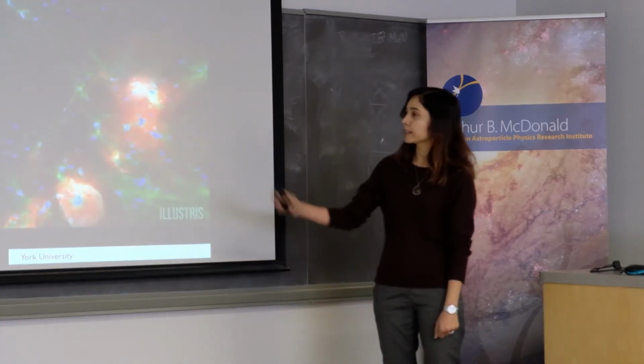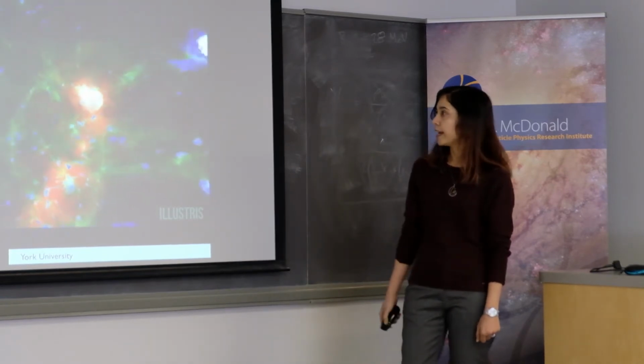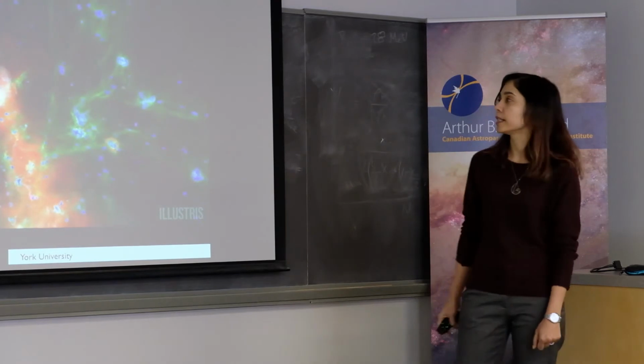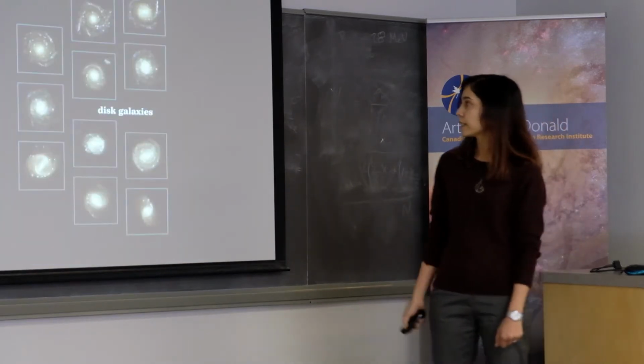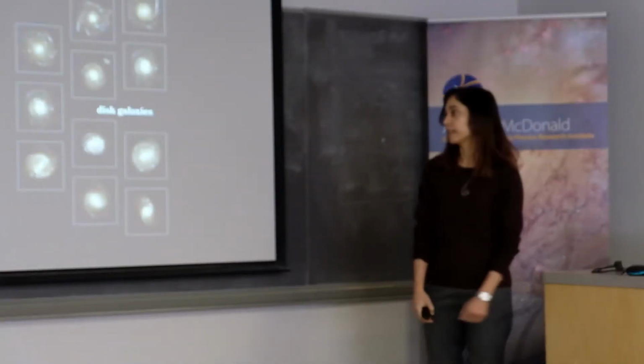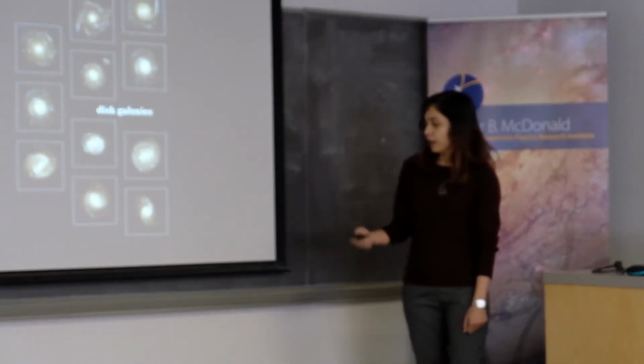If you run these simulations until today, which include all these complicated astrophysical processes, you form a zoo of galaxies. This is just the luminous ordinary matter that you're seeing here, and different types of galaxies, similar to what we know about galaxies in the universe.